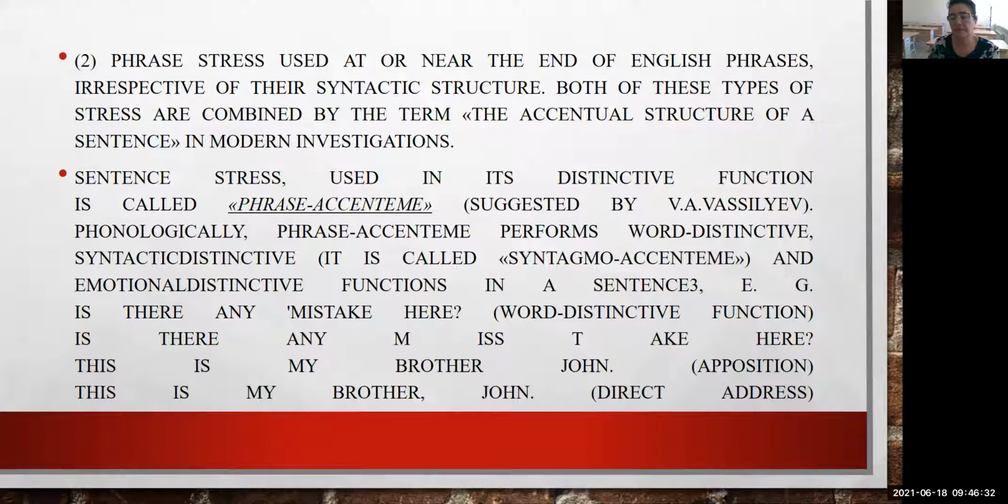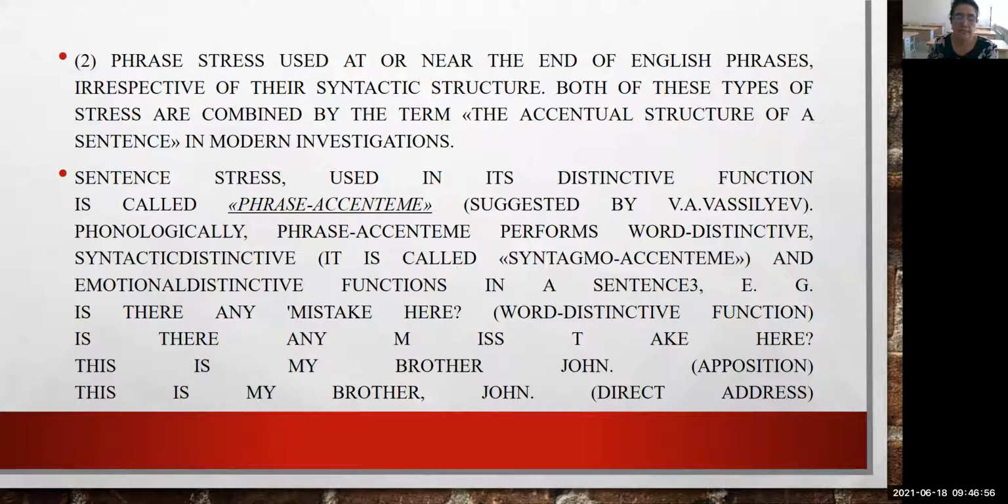Both of these types of stress are combined by the term the accentual structure of a sentence in modern investigations. Pay attention, both types of stress are called the accentual structure of a sentence.